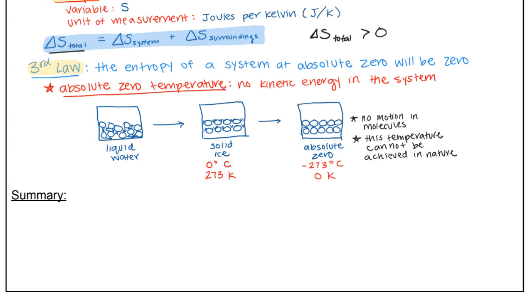So this would be really tragic if we reached absolute zero in our universe. This is why it cannot be achieved in nature, because the particles in matter require some kinetic energy so that we can form all of these substances that we see in our daily lives.